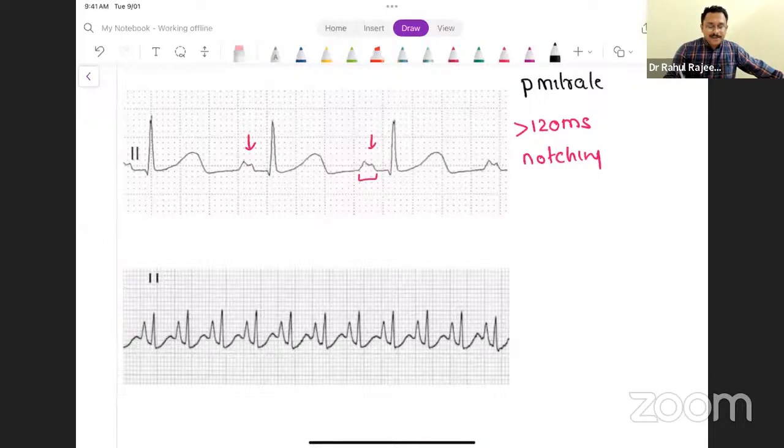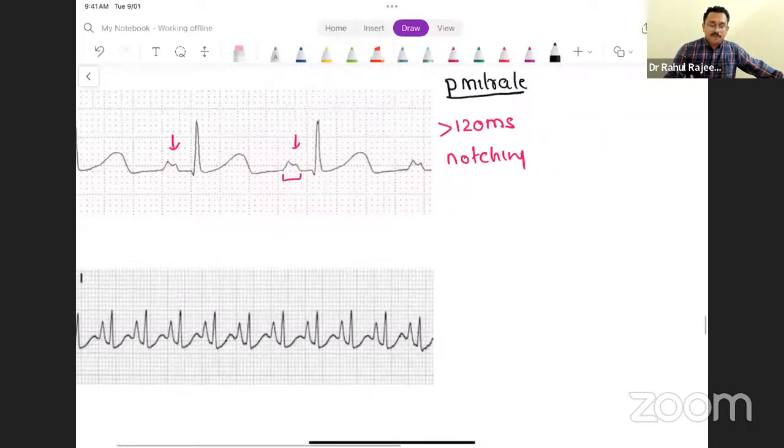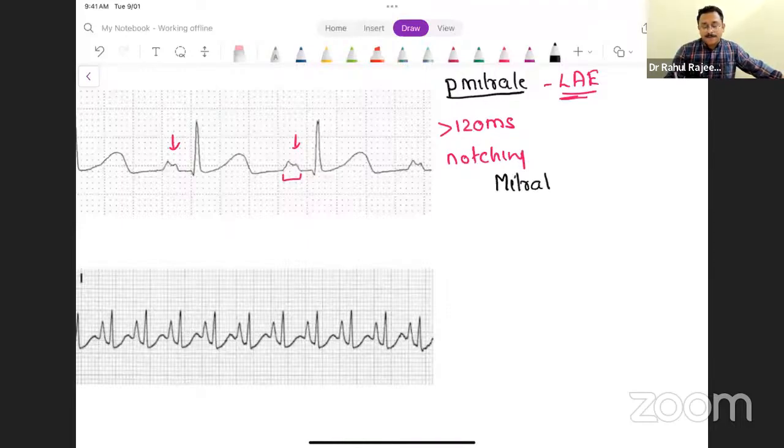P mitral is suggestive of what? It is suggestive of left atrial enlargement. In any condition that can produce left atrial enlargement, that is when you will get a broad and notched P wave. And can you tell me one condition that can produce it? It is mitral stenosis.